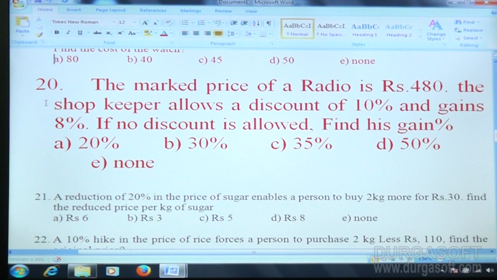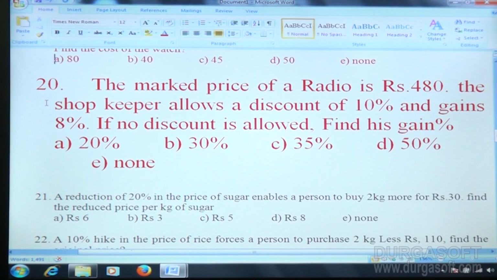The market price of a radio is 480. The shopkeeper allows a discount of 10% and gains 8%. If no discount is allowed, find his gain percentage. Okay, now look here, it is a double process.